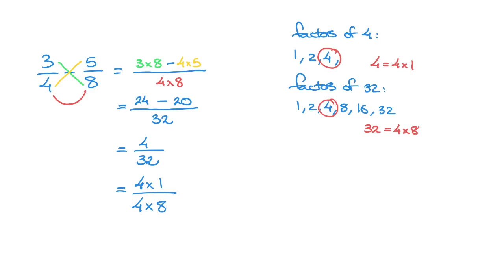We now cancel out the highest common factor, like so, and we're left with the final answer, which is 1 over 8. And there we go. That's how we can use our formula for calculating addition and subtraction, and we've just seen how we can go further and simplify the fraction when needed.